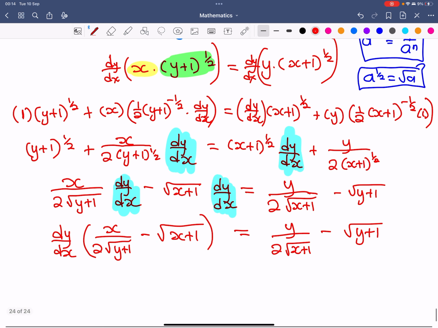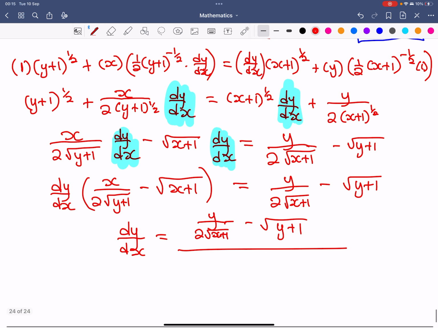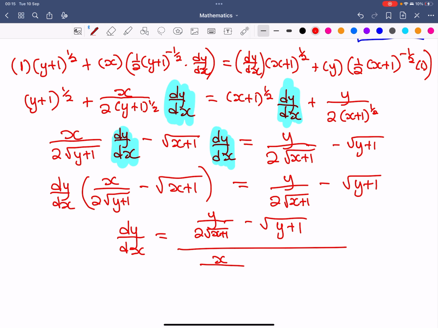Then we're going to make dy over dx the subject of the formula. In this case, dy over dx equals, let me just rewrite it: y over 2 root of (x plus 1) minus root of (y plus 1), all over x over 2 root of (y plus 1) minus square root of (x plus 1).